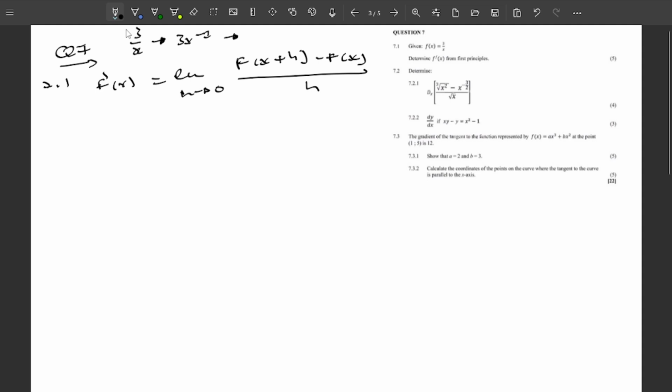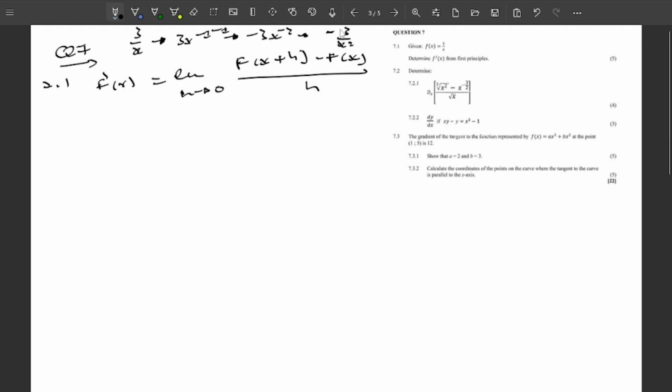For instance, here we multiply by the power, -1, so it's -3x, and then subtract 1, giving -2. The final answer should be -3 over x squared. Let me write it properly: -3 over x squared. So let's begin.